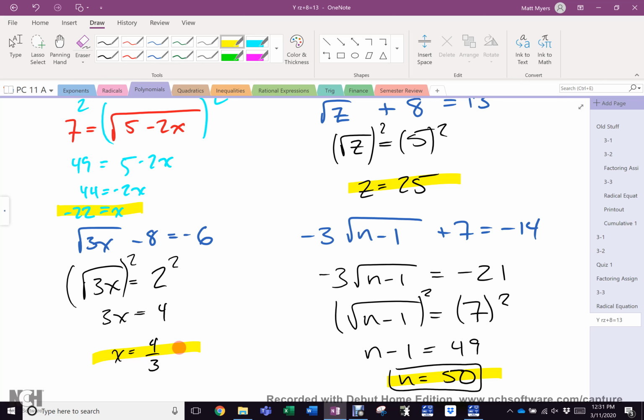Up to the front. Did these people do it right? Was the radical isolated? So they squared. They got rid of the radical sign and they squared both sides. Is that step good? Yeah. Excellent. Now what's wrong? You've got to subtract 64.